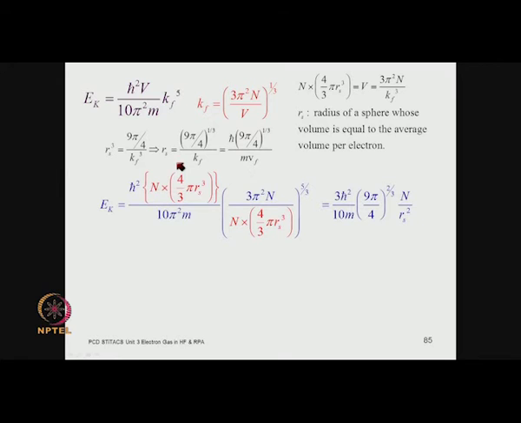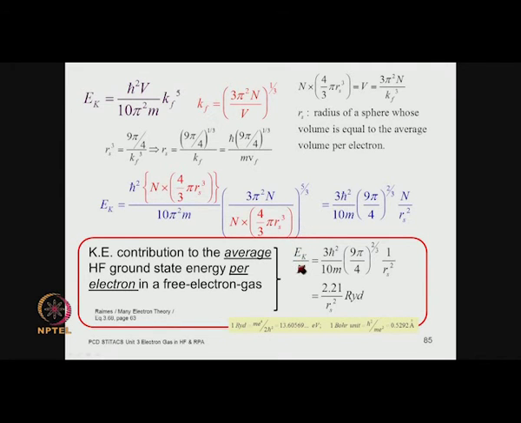What it gives us is the expression for this term Ek in terms of Rs, but this is Ek in terms of the total number of electrons. So, it is best that we normalize it for the average Ek per electron. So, you divide Ek by n, that gives you an estimate for the kinetic energy contribution to the average Hartree-Fock ground state energy per electron, and that turns out to be this particular value, and all of these are universal constants.